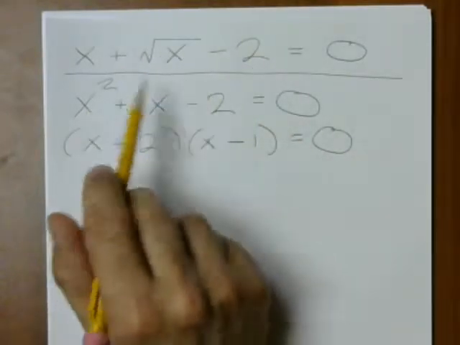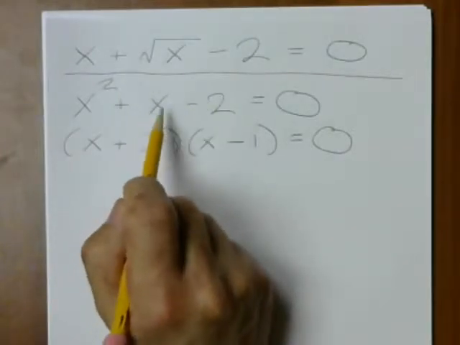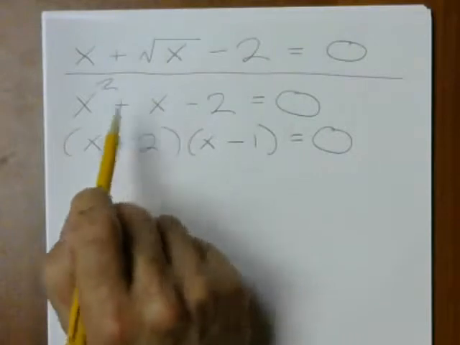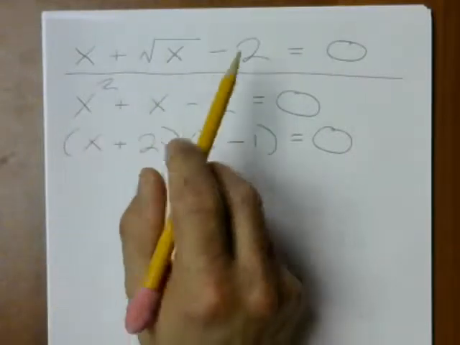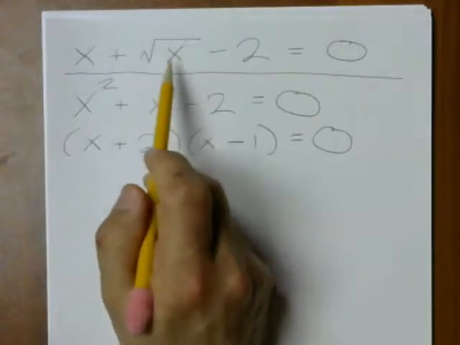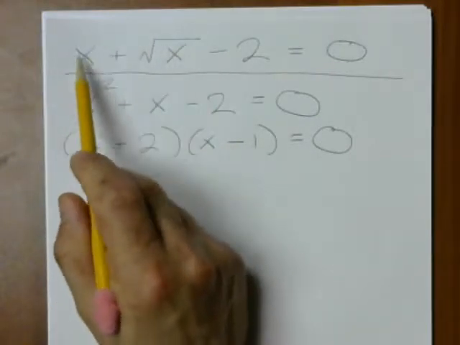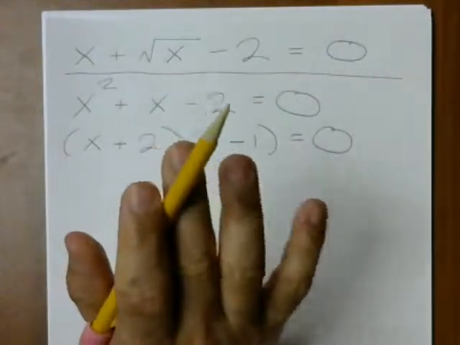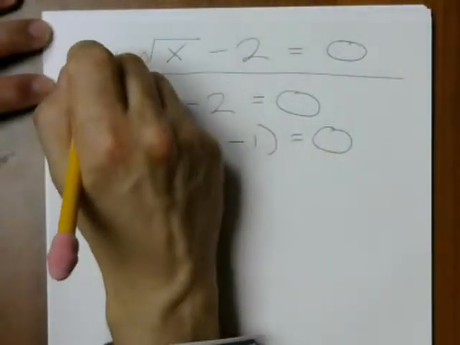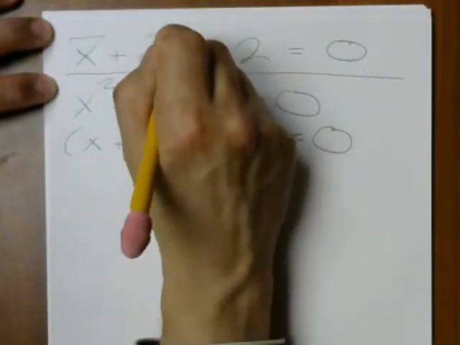But let's look at this. What I have is a constant, then I have an expression in the variable, and that expression squared. What I have here is a constant, and an expression with radicals involving the variable, and that expression squared. So what I could do is set this x and this root x.